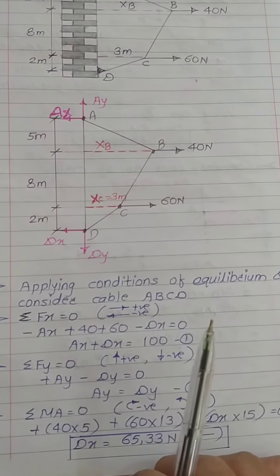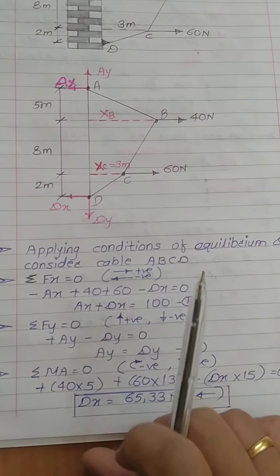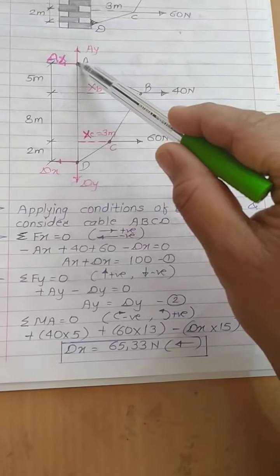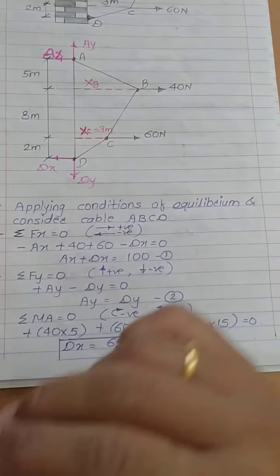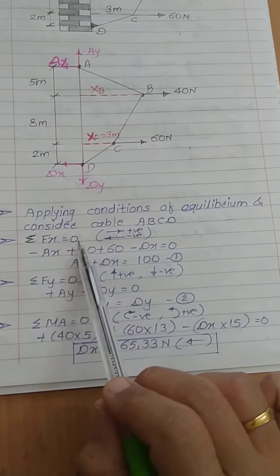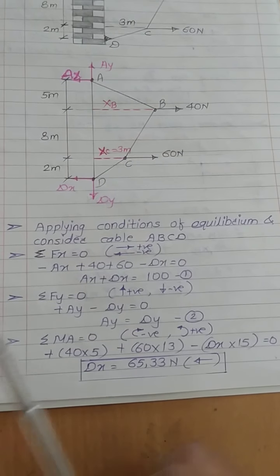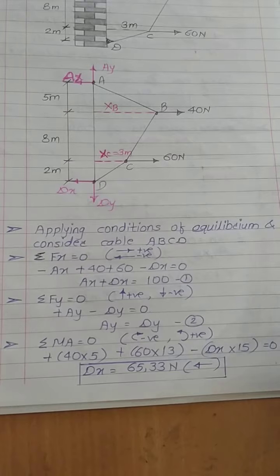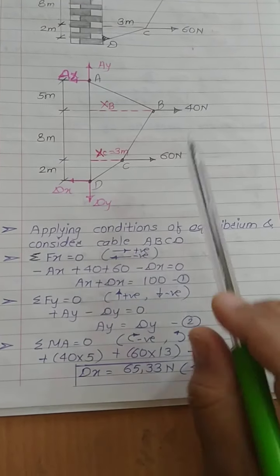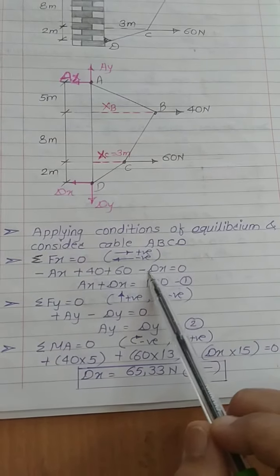Now to start with the numerical, we have to apply equilibrium conditions. For this I will consider the whole cable A, B, C, D. Now I will apply the first equilibrium condition, summation Fx equals 0. For this I have used the sign convention: forces going towards the right side positive, forces going towards the left side negative.